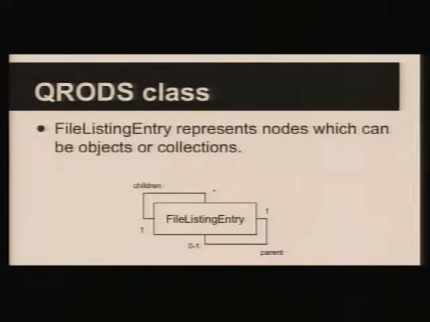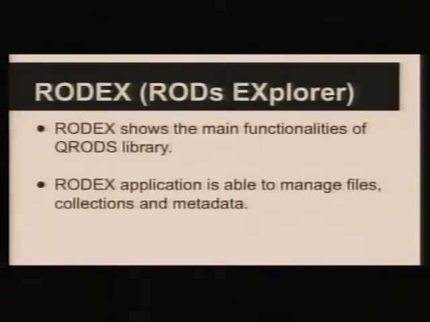And if the file listing entry is a collection, it has a lot of children in this direction. Each child or each object also has a parent. So we have this relationship and this relationship. By using this structure, we can create a tree model in our library.